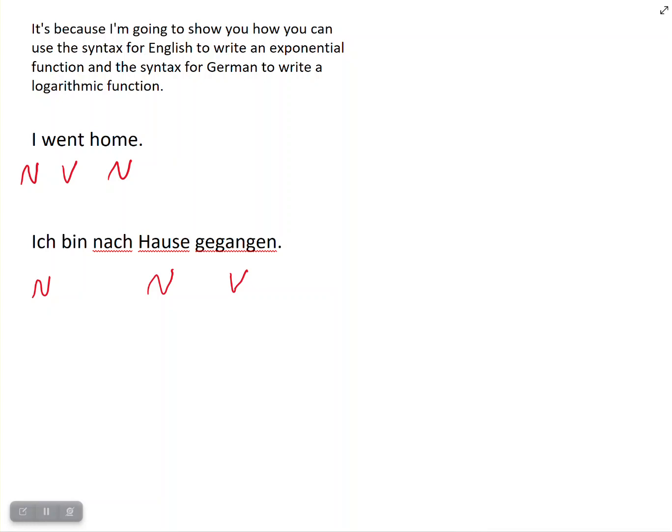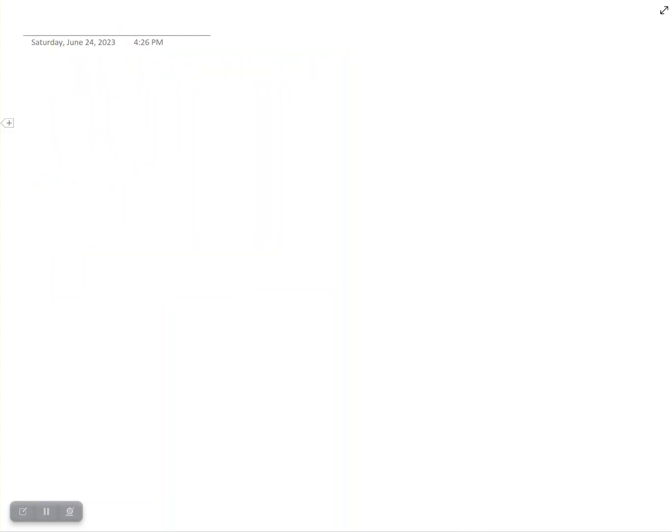So how does that work with exponential and logarithmic functions? Let's take a look at it. So if I were to write an exponential function, I would use English syntax. So I'm going to do this.